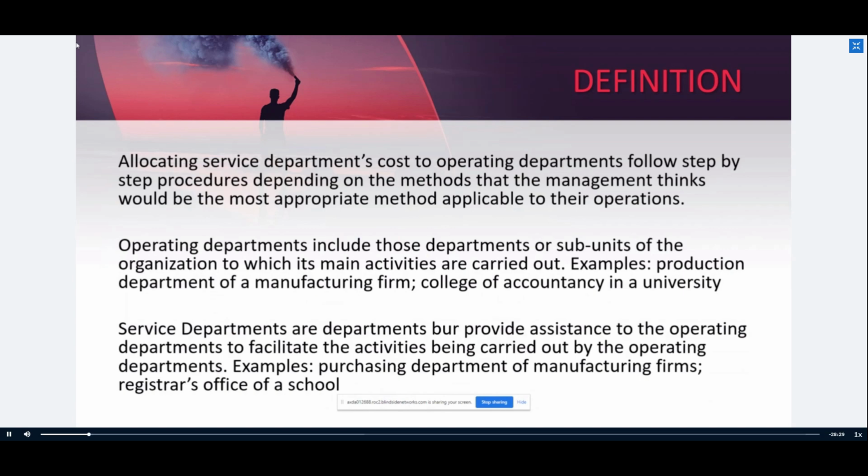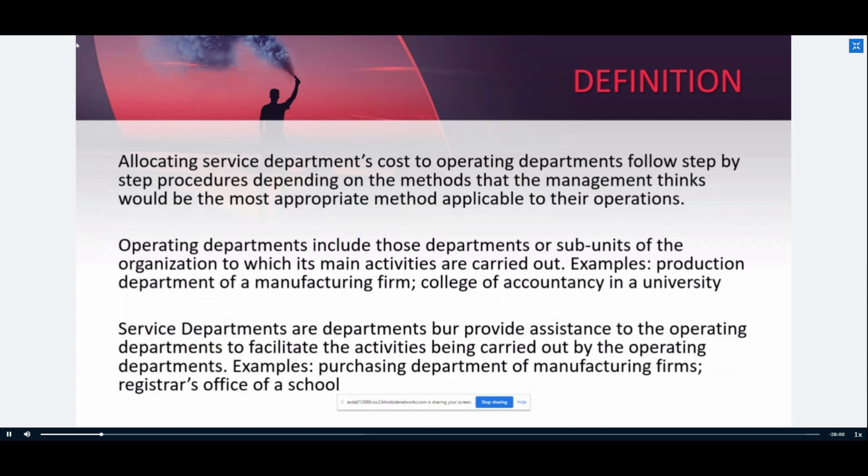In a manufacturing plant, you have service departments. Of course, if you have a manufacturing plant, you have a canteen. The canteen definitely incurs cost. What other possible service department does a teddy bear manufacturer have?